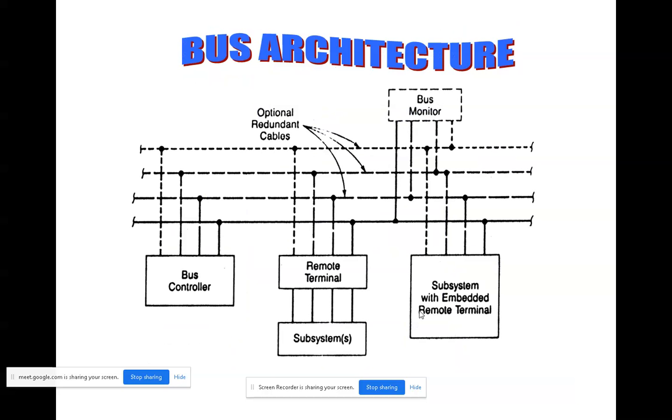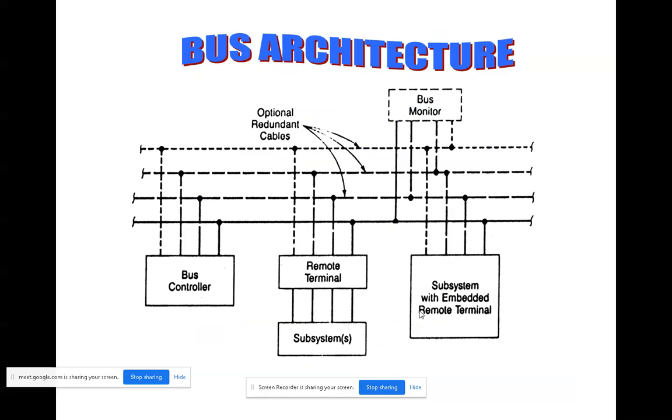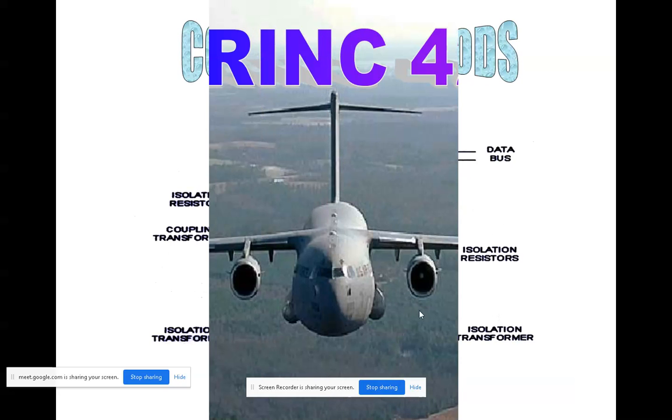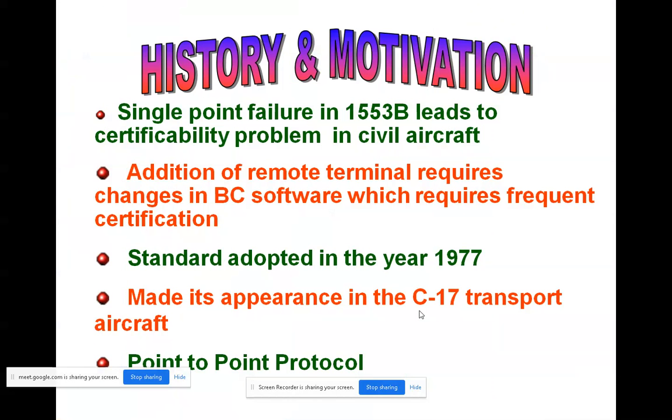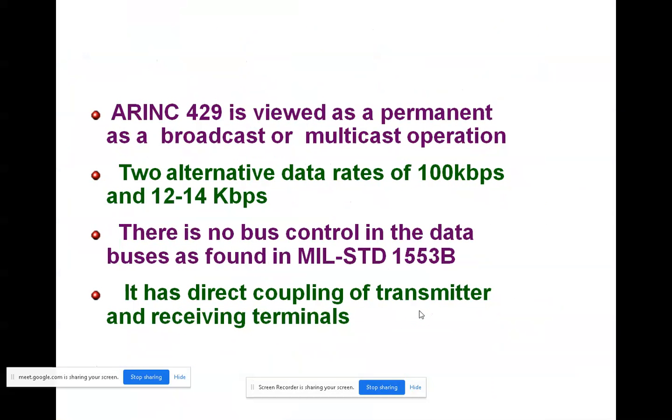The data bus will be connected with every subsystem. But here it's not like that. And the coupling method also uses the transformer coupled method as well as the direct coupling method. But in ARINC 429 you will not have any coupling device.